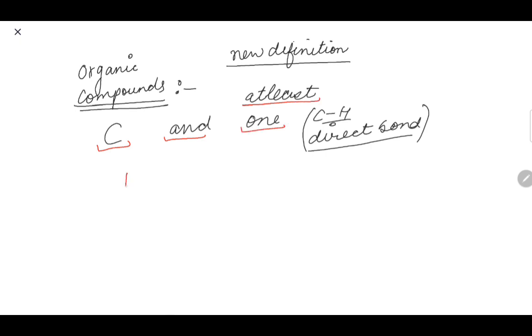For example, if I say HCN, let's draw the structure of HCN. Carbon's atomic number is 6, so the configuration is 2, 4. Hydrogen's atomic number is 1, so the configuration is 1, meaning it has 1 electron in its K shell. And nitrogen is atomic number 7, so its configuration is 2, 5.